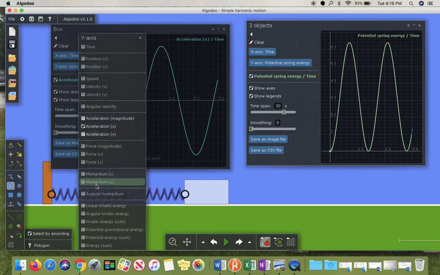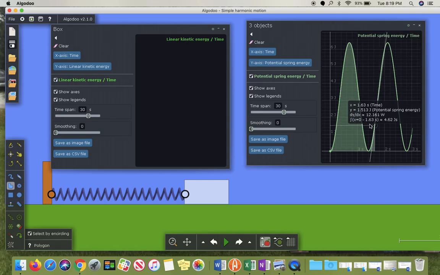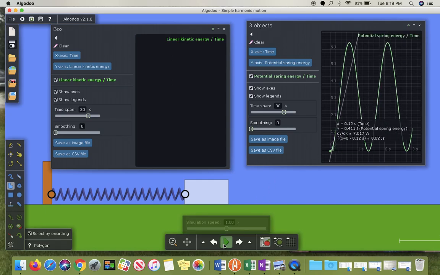I'm going to switch this over to a linear kinetic energy versus time graph. So remember earlier we said we had about 6.4 joules of potential energy when the spring is fully compressed at the amplitudes, and the graph did not have any negative values, it's just all positive.